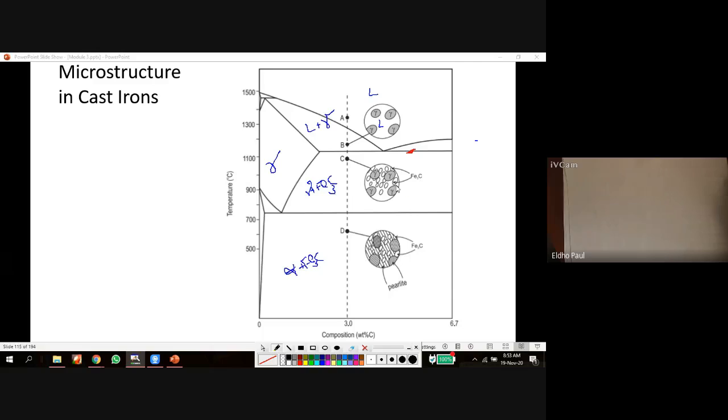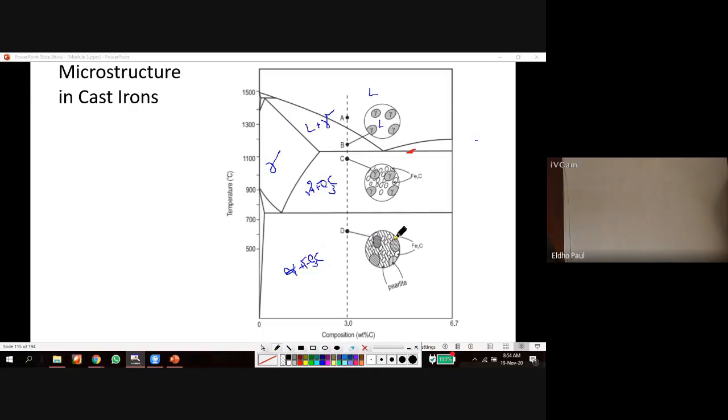The Fe3C formed at point C will not change when crossing from C to D, and that Fe3C present at point D is called the pro-eutectoid Fe3C or pro-eutectoid cementite.